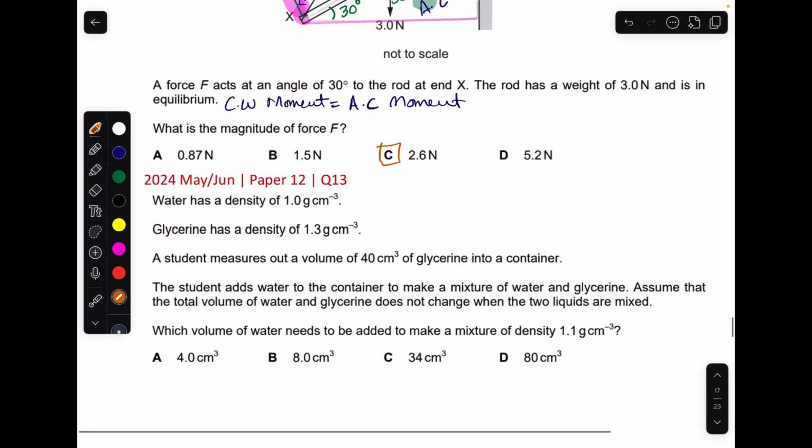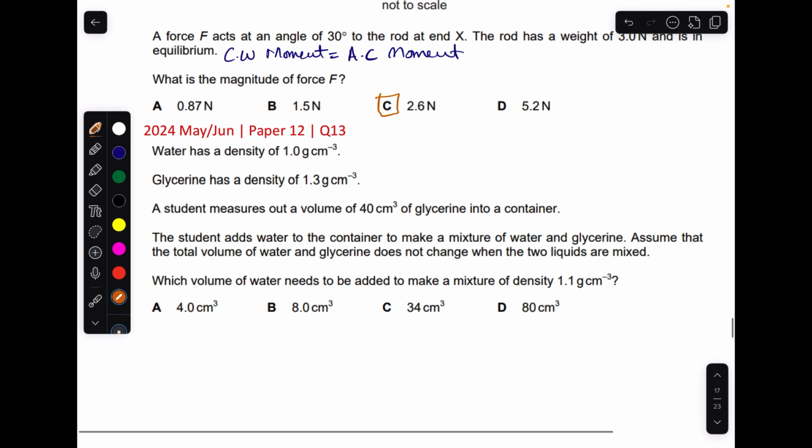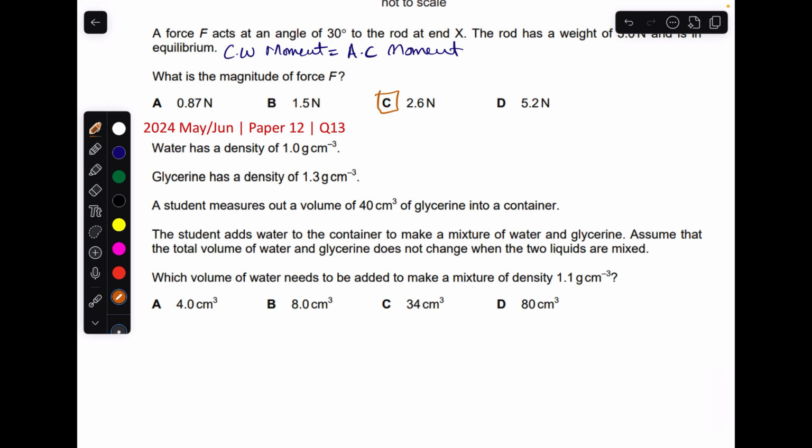In the next question, what they're telling us: water has a density of 1.0 gram per centimeter cubed, so you are given the density of water, let's call it rho W. Glycerine has a density of 1.3, so it's the density of glycerine, let's call it rho G. A student pours a volume of glycerine into the container, let's call this volume of glycerine, Vg.